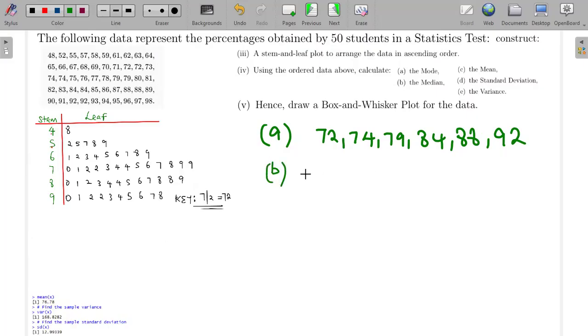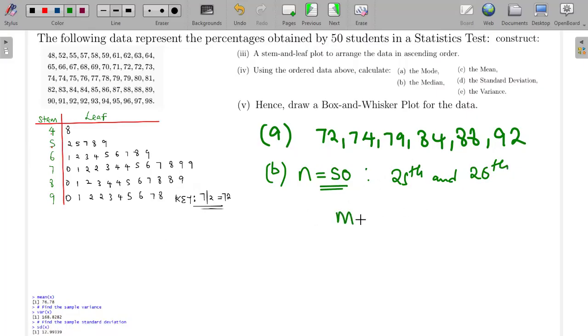Okay, so now the median, remember we had how many test scores there? The test scores were 50 test scores. Okay, so meaning that since this number of scores is an even number, then the median will just be between the 25th entry and what? The 26th entry.